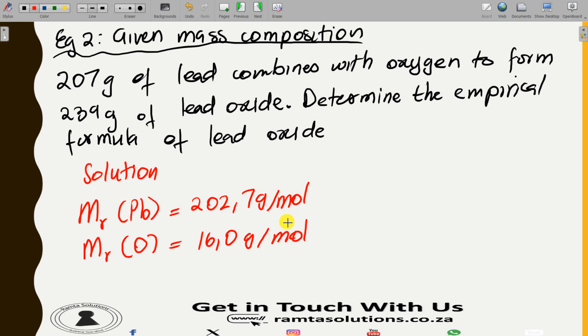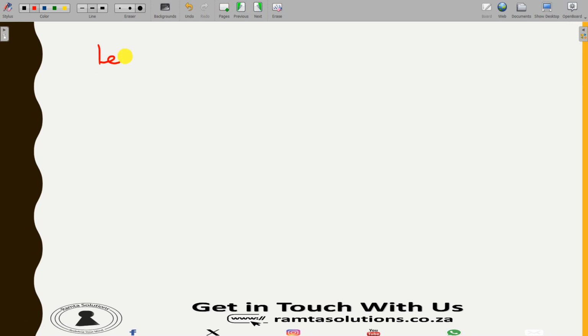Okay. So now I need you guys to read this question. It says 207 grams of lead combines with oxygen to form 239 of lead oxide. So here what we are getting is that lead plus oxygen will give us lead oxide.